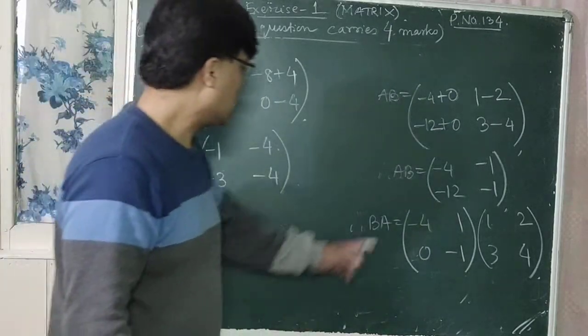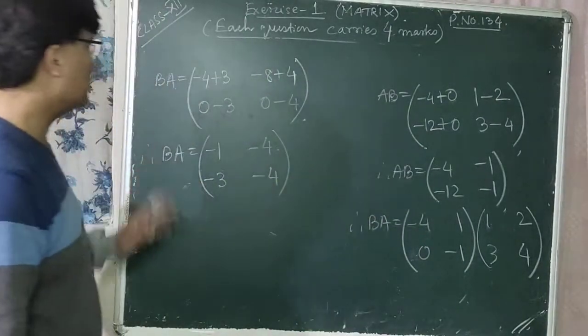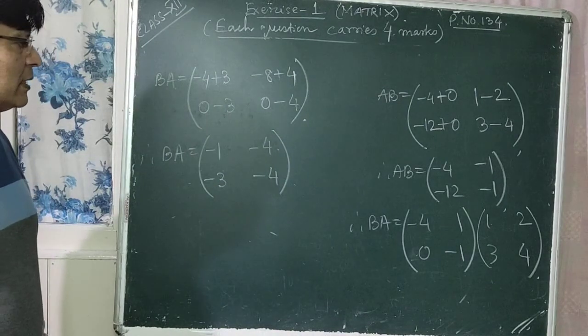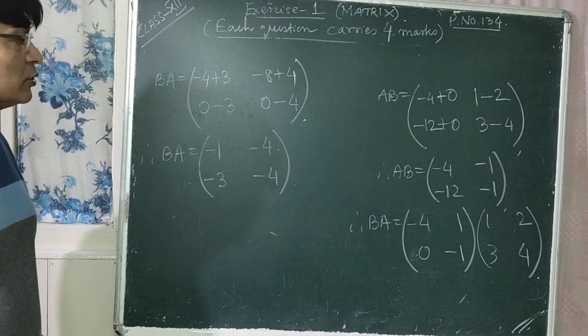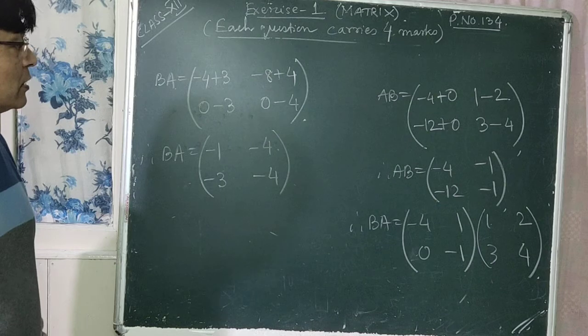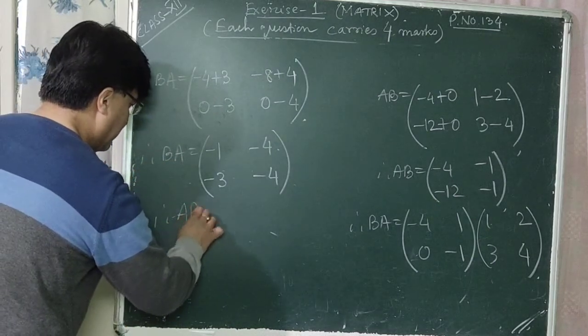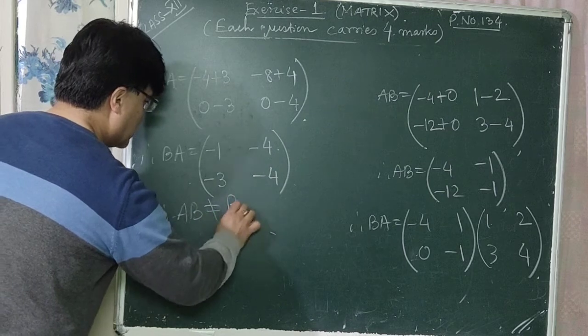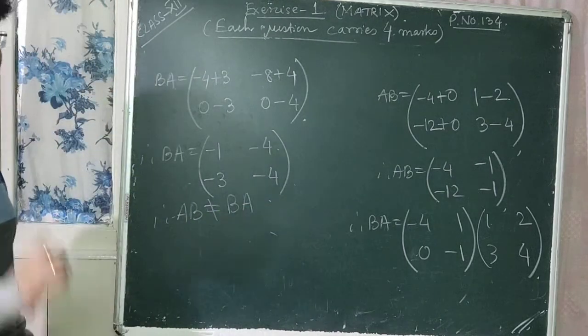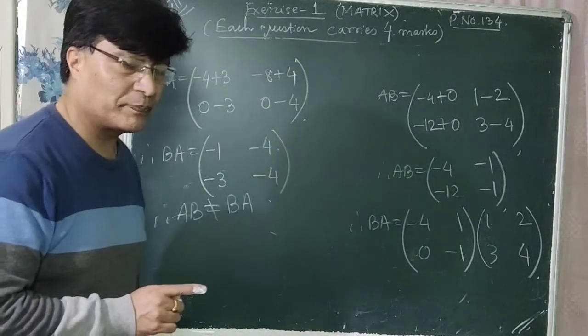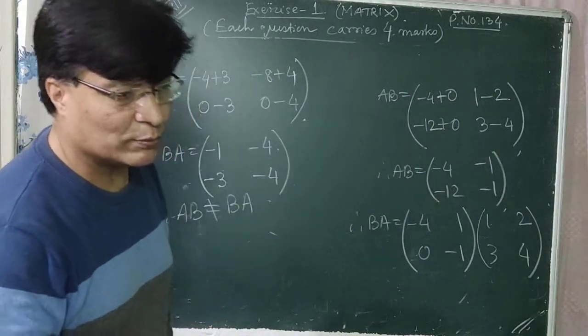That is, this AB not equal to BA, right? So therefore you can write here AB not equal to BA. So hence in general AB not equal to BA.